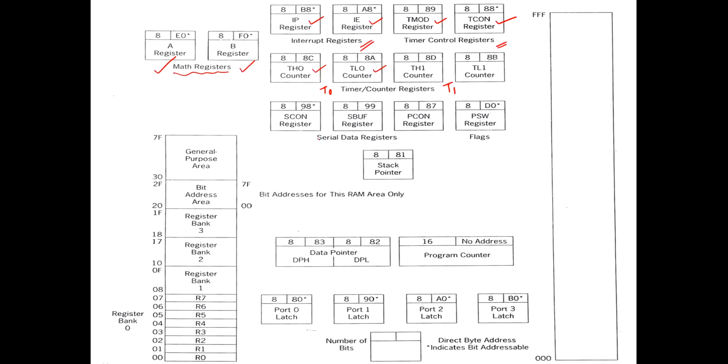For serial communication we have SCON, and the SBUF register is used for buffering the data. Then PCON is used for configuring. And we learned the PSW also, the program status word, that is the flag. And the stack pointer is the stack pointer area.